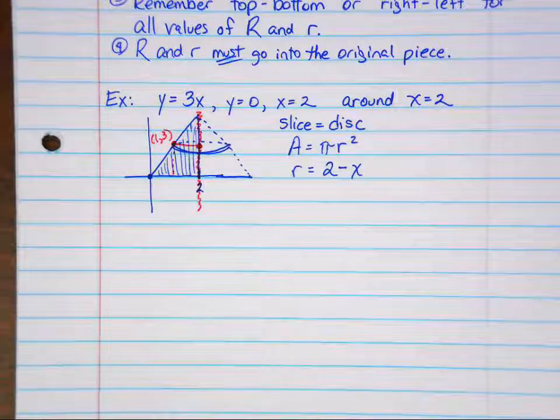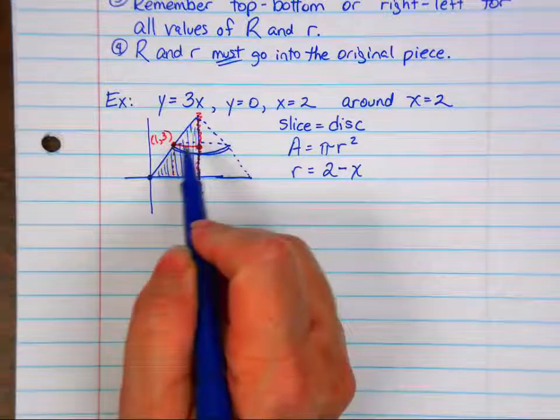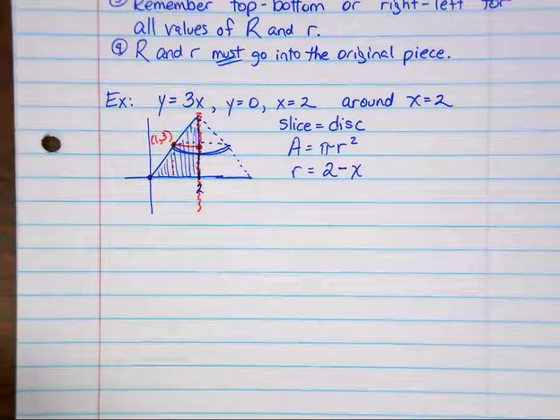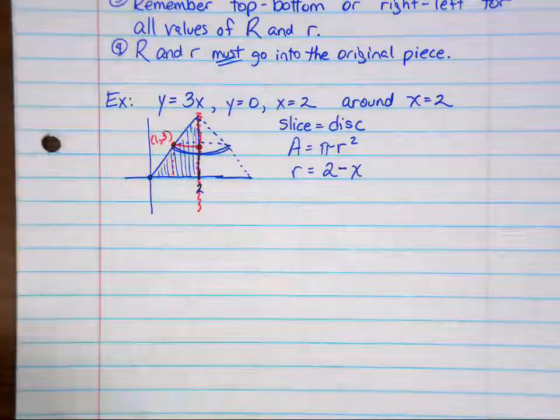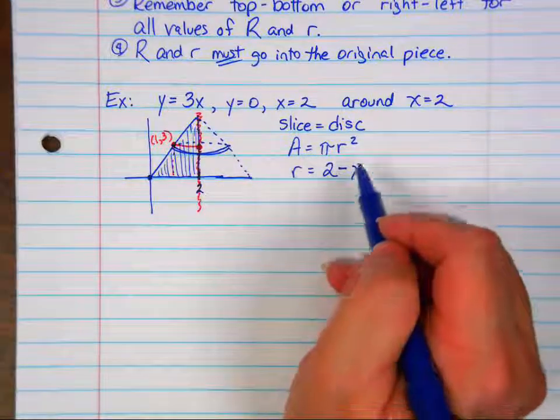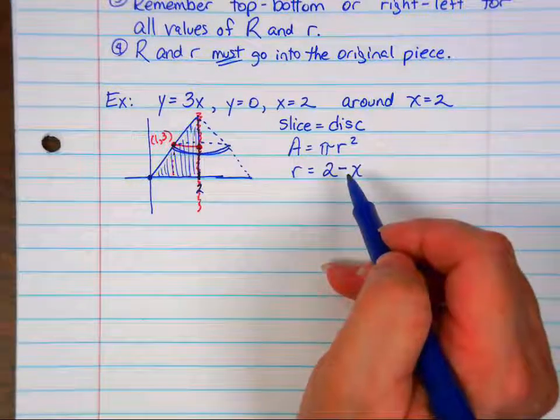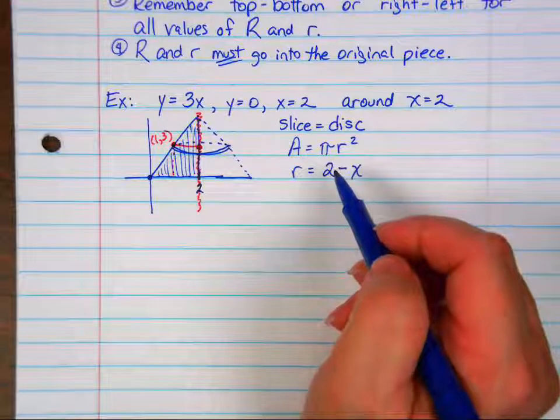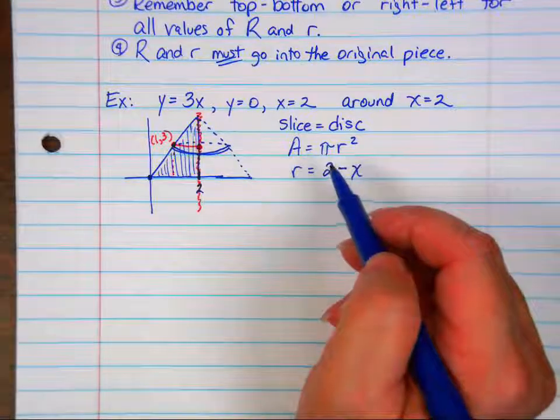Now, if you're still a little bit confused about, wait a minute, how did you know it was x, Miss Bell? Here's another way to remember it. Does this radius go in the x direction or the y direction? Which axis is horizontal? X. So the R value in your problem will be in x because it's a horizontal radius. If it's a vertical radius, it'll be a y.